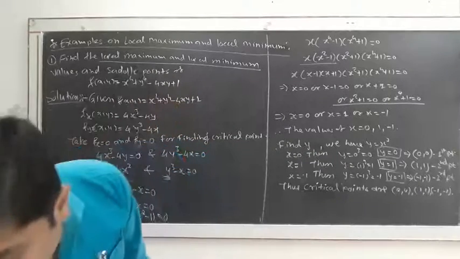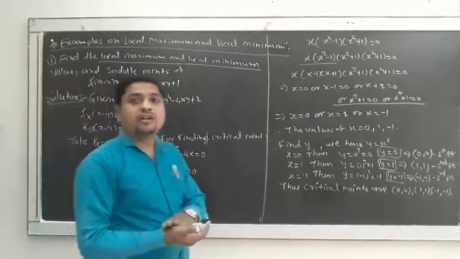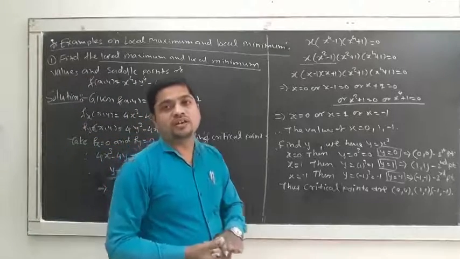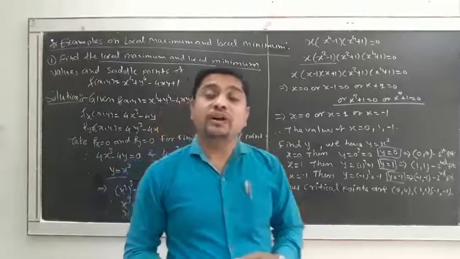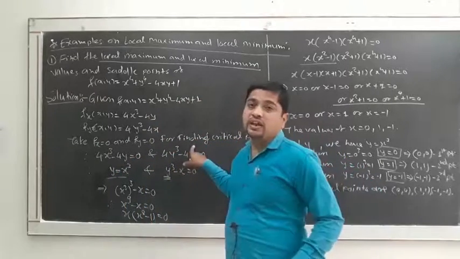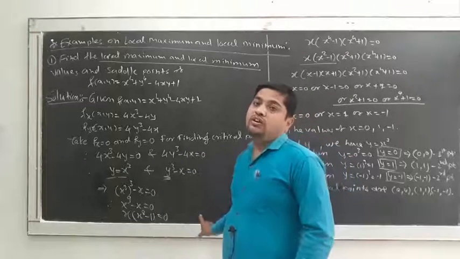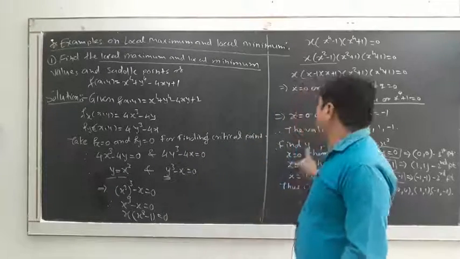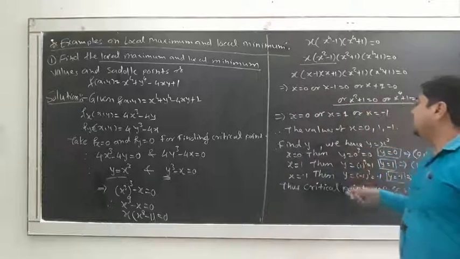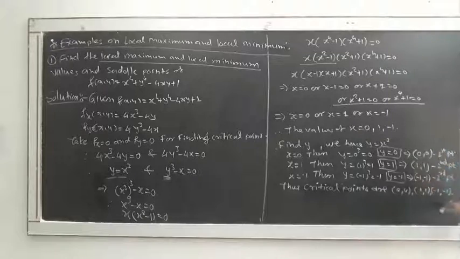Up to this, what we did is that for critical points we must take the first partial derivatives equal to zero. Then we get two equations, solve these two equations, find the values of x and y, and then you get the critical points.